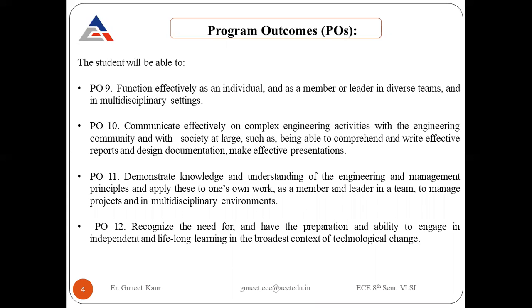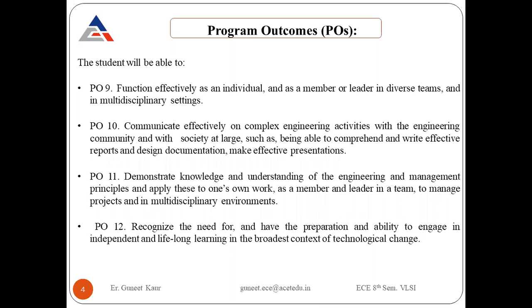Next, program outcome 11. Demonstrate knowledge and understanding of the engineering and management principles and apply these to one's own work as a member or as a leader in a team to manage all the projects and in the multidisciplinary environments. Next, PO 12.